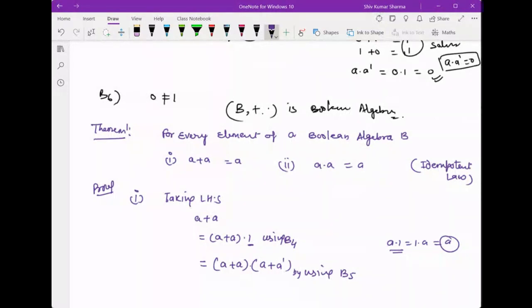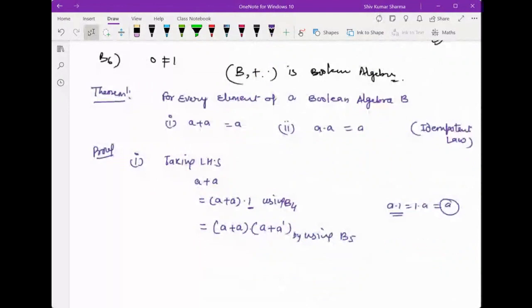Now for simplifying this, we use B3. B3 means distributive, so we use the reverse distributive here. We can write this as A plus A into A complement.